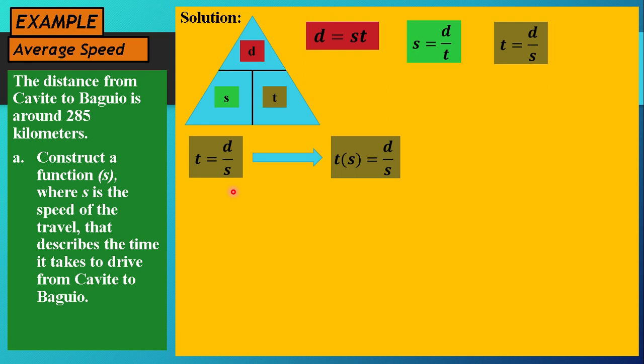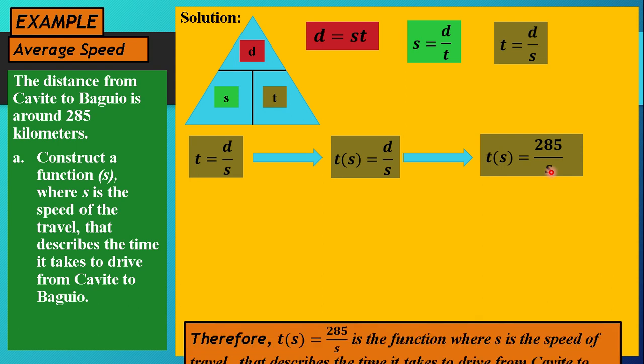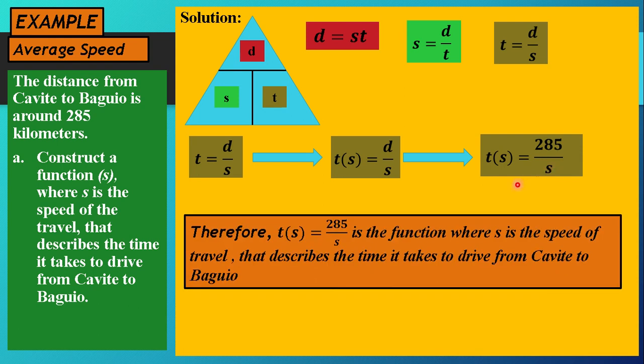The distance is fixed, of course, at 285 kilometers. So, ang function na hinahanap natin ay T of S is equal to 285 divided by S. Therefore, T of S is equal to 285 divided by S is the function where S is the speed of travel that describes the time it takes to drive from Cavite to Baguio.